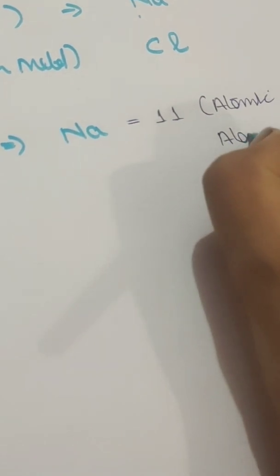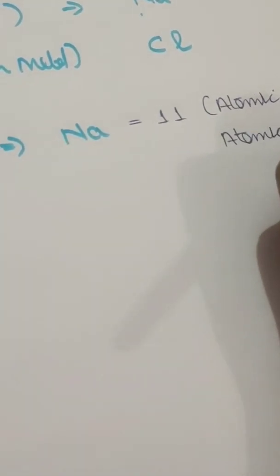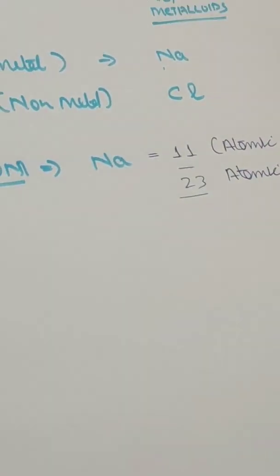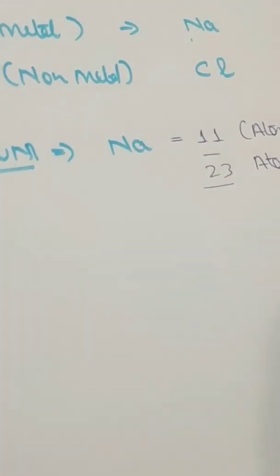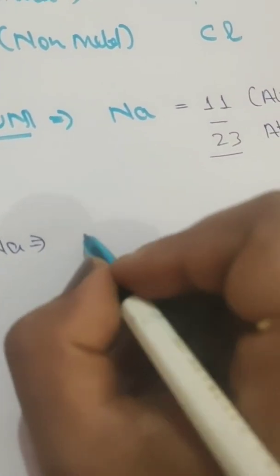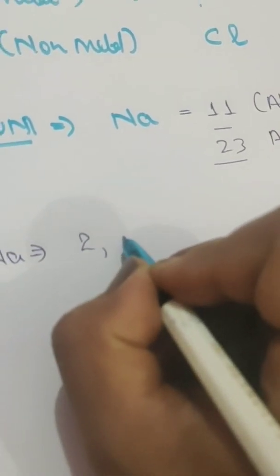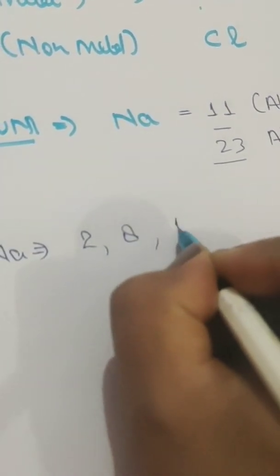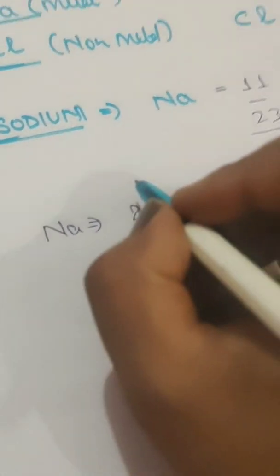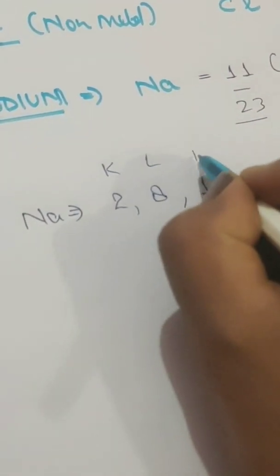The atomic mass or mass number is 23. Again I would like to explain that in sodium the configuration is 2, 8 and 1. This I will be teaching in the 4th chapter, but it's K, L and M.